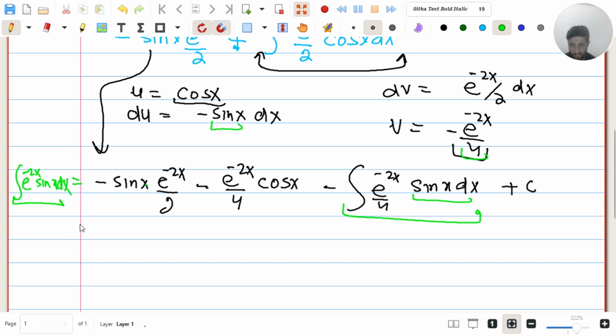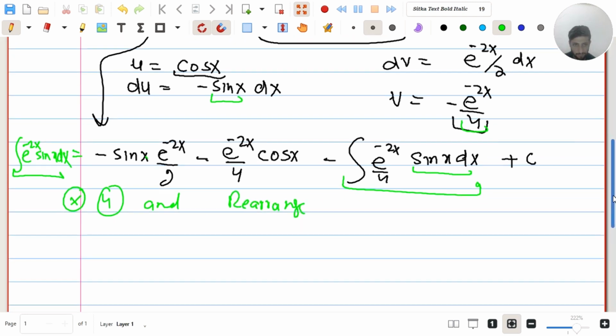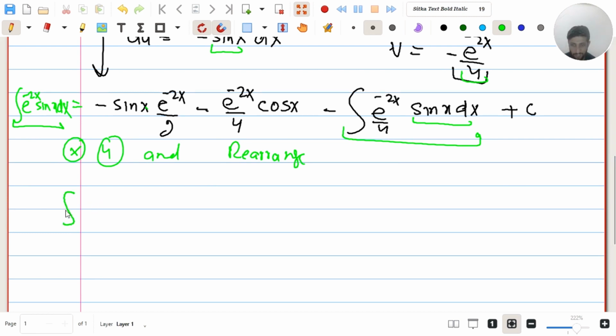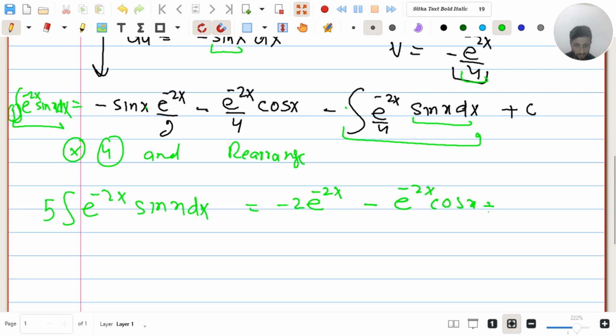After multiplying this equation by 4 and rearranging, you will get the integral of e to the power minus 2x sine x dx, and this becomes 1, and if you apply the operation on this, you will get 5 times the integral of e to the power minus 2x sine x dx. This is equal to minus 2 e to the power minus 2x sine x minus e to the power minus 2x cos of x plus c.